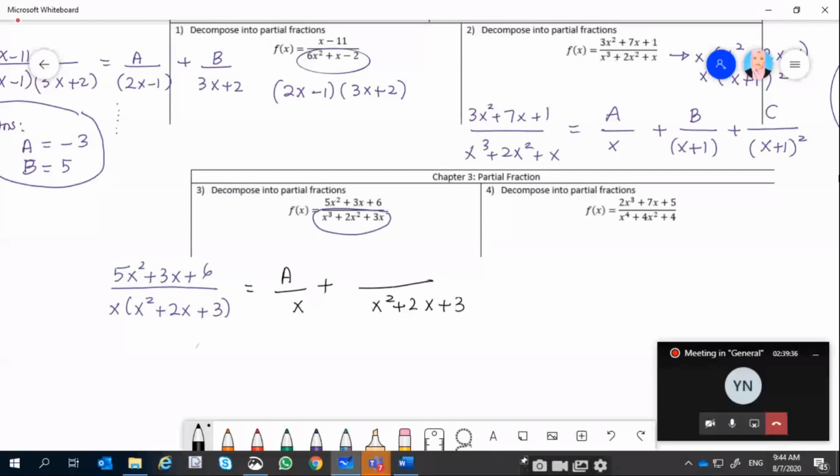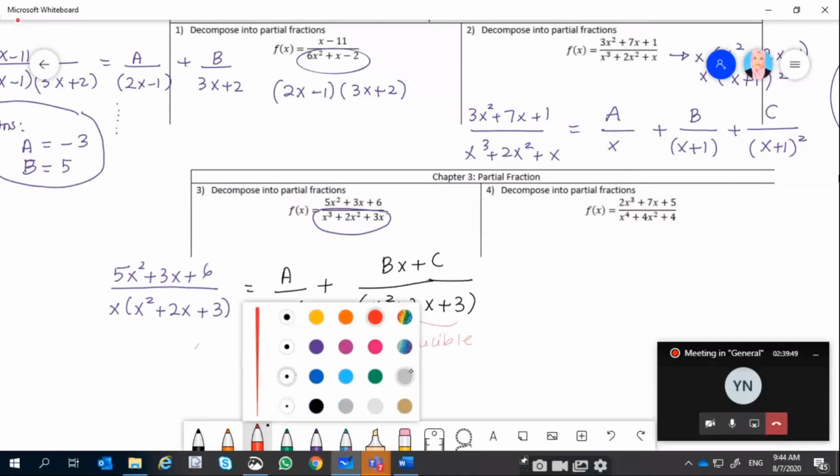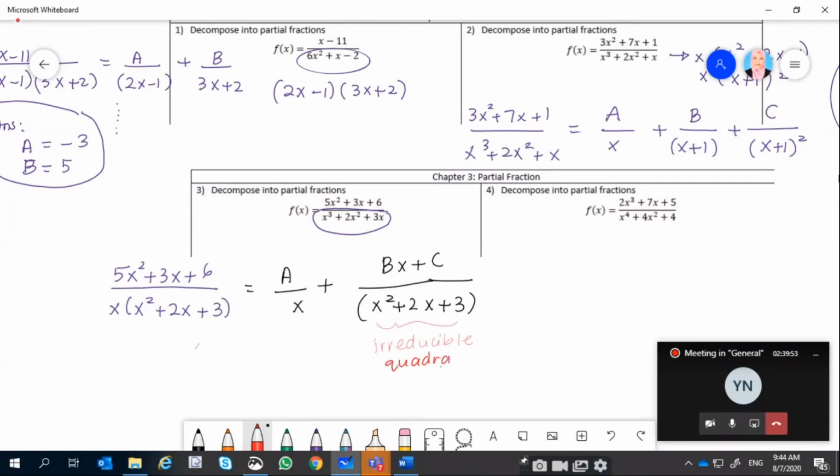Bx plus C, because this one is irreducible. So the answer for question number 3: A is 2, B is 3, and C is negative 1.